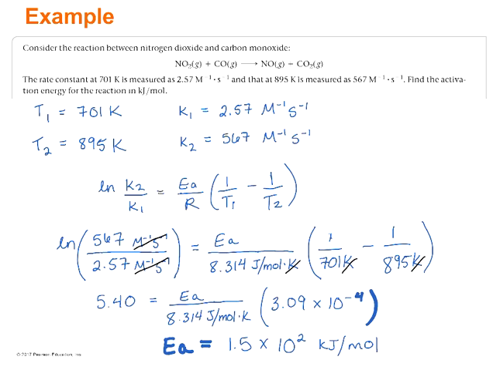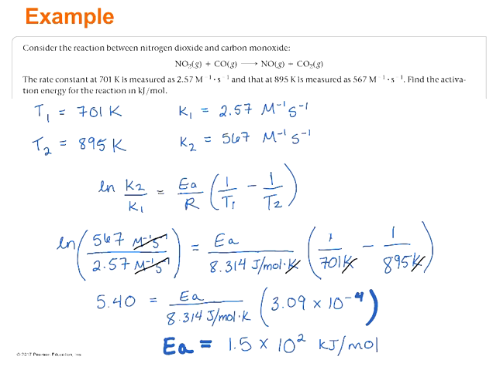And one thing that I usually do is put parentheses around as many values as possible in my calculator. That way the calculator knows exactly what I'm trying to calculate. Because sometimes, for instance, if we're subtracting two inverse temperatures, and we don't put parentheses around those inverses, like 1 over 701, and then separately put parentheses around 1 over 895, sometimes the calculator gets confused, so just make sure you're using parentheses.